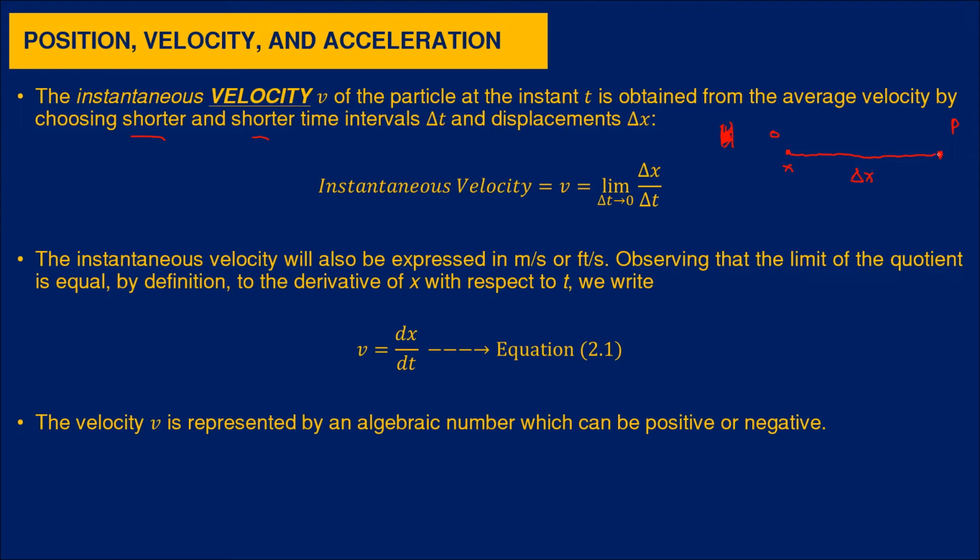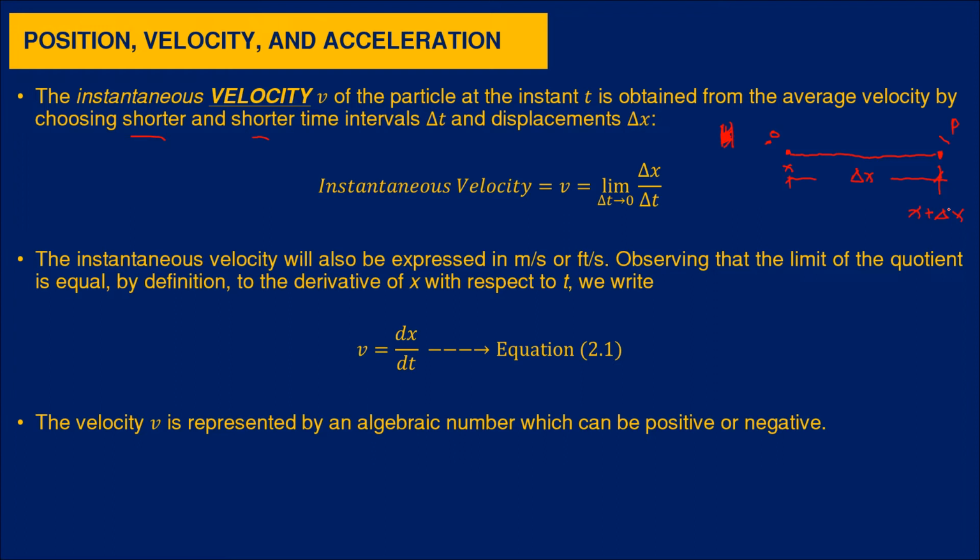Now the final position P will then be equal to the initial position x plus the distance covered, delta x.